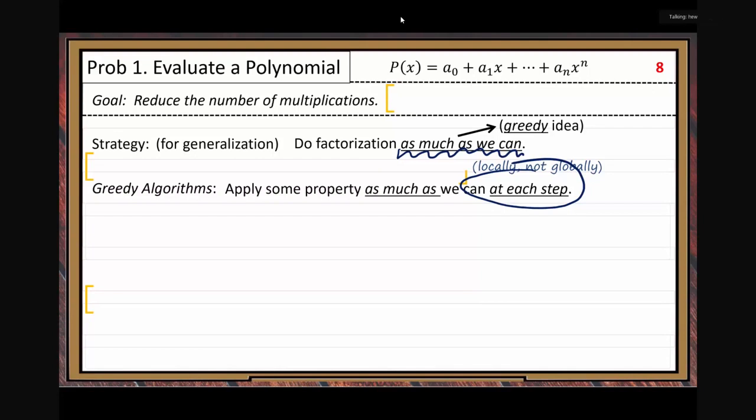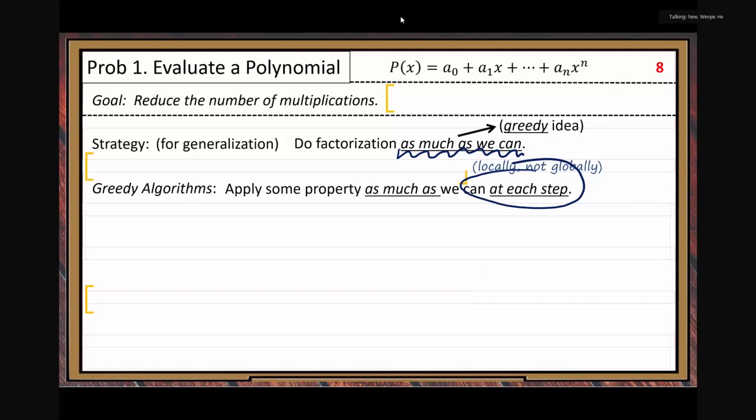So with the greedy strategy, you only solve the problem with local optimization. If you look at it locally, it's optimal, because that's the best you can do. But if you look at it globally, it may not be optimal. A local optimum may not give you the global optimal solution.